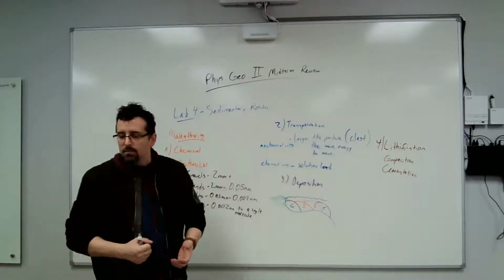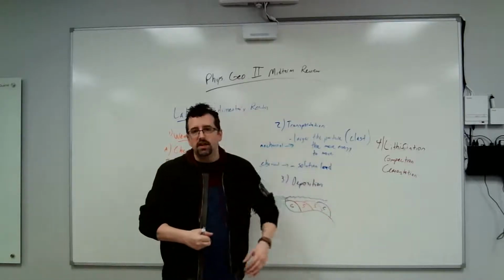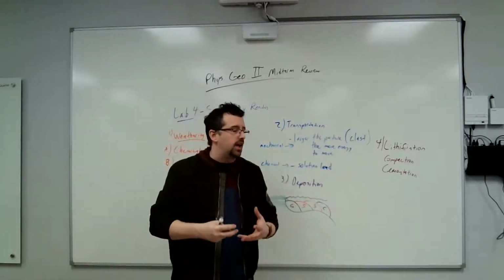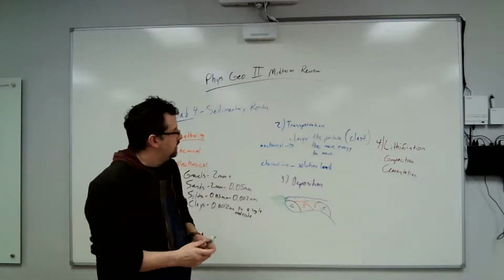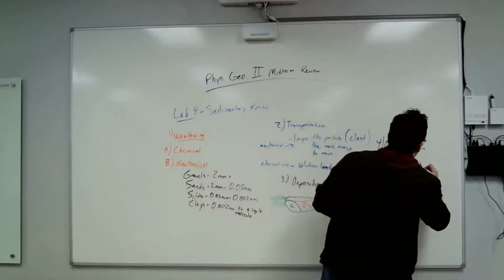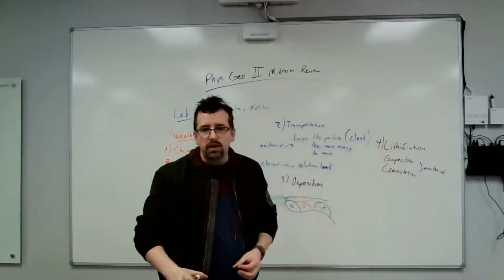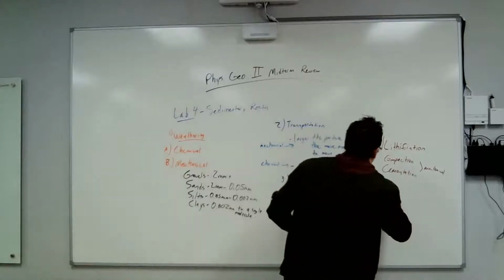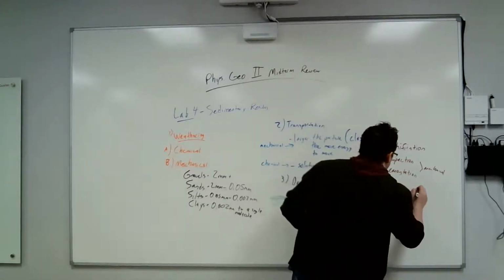So you can compact it, or you can do cementation, which is basically gluing rocks together. And these are both mechanical. The last one is precipitation, and this is chemical.